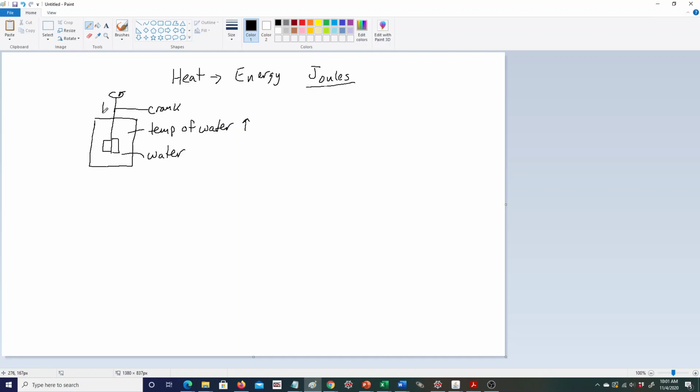And we see that by putting a thermometer in here. And this experiment was first done with fairly, by modern day standards, primitive technology, but it's what they had to work with, and it was demonstrable.